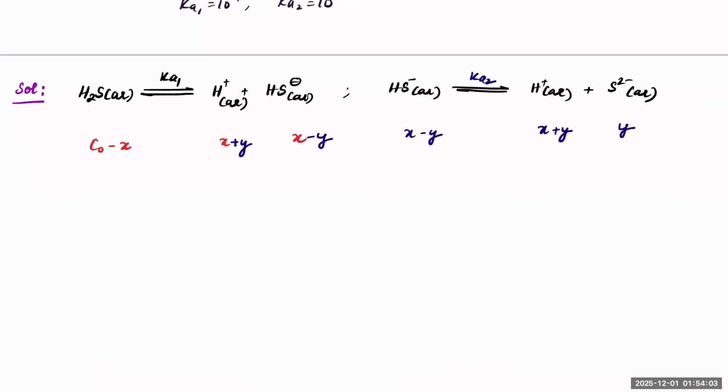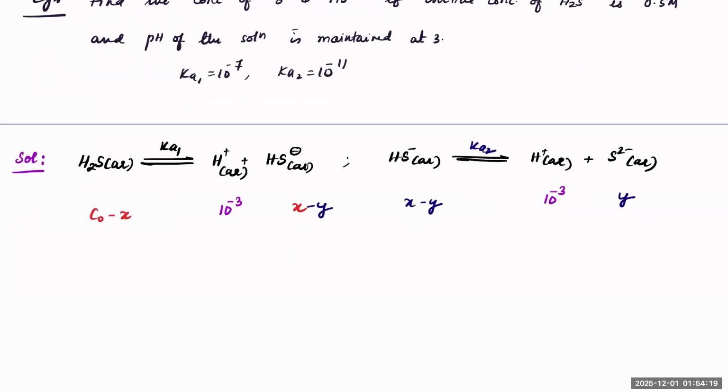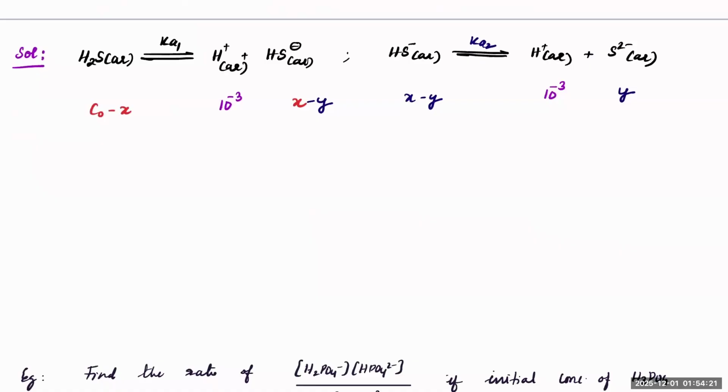These are the same equilibrium reactions, but instead of H plus here, what you need to write is that H plus is a fixed amount. And that H plus is 10 raised to power of minus 3. Are you all getting that point? Why? Because H plus is maintained at 10 raised to power of minus 3, so you will always have to write that as a part of that equation.